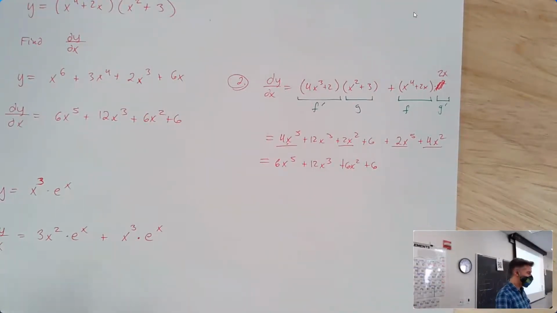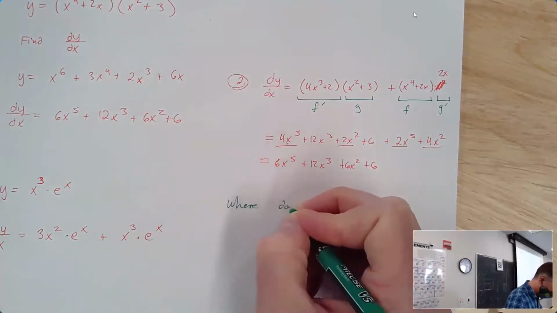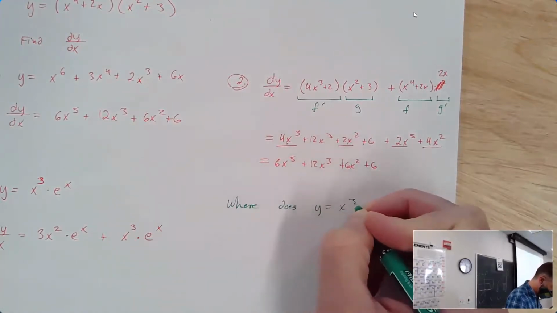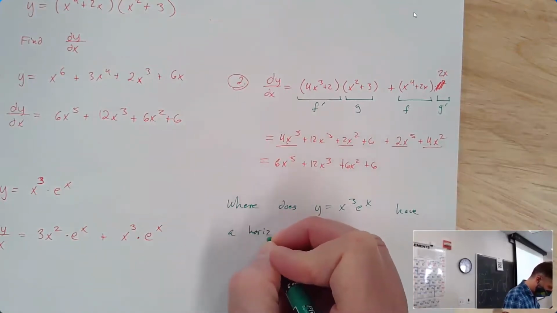But you might, for example, want to answer a question. I know that's super vague. Let me be a little more specific. Someone might ask the question, where does this function have a horizontal tangent line?